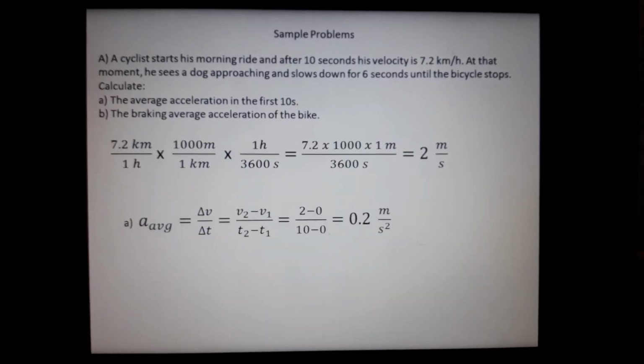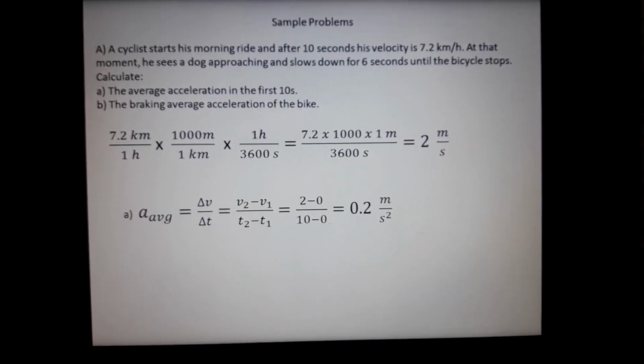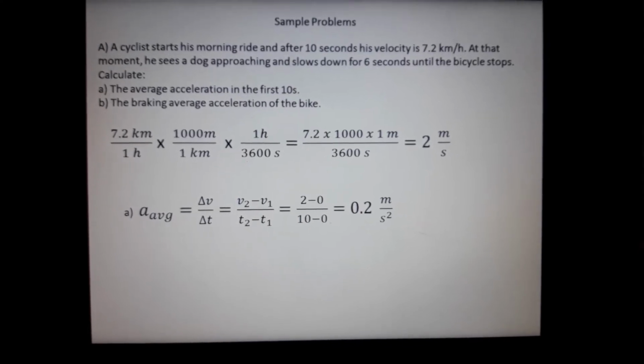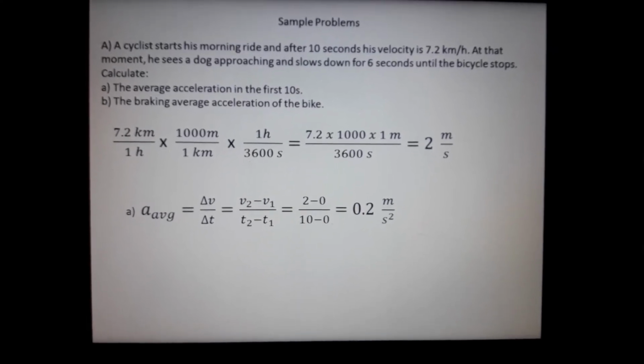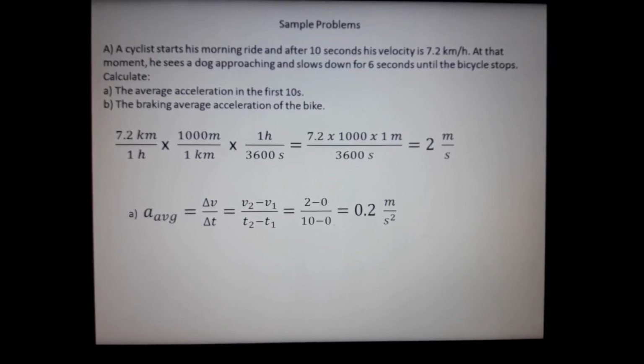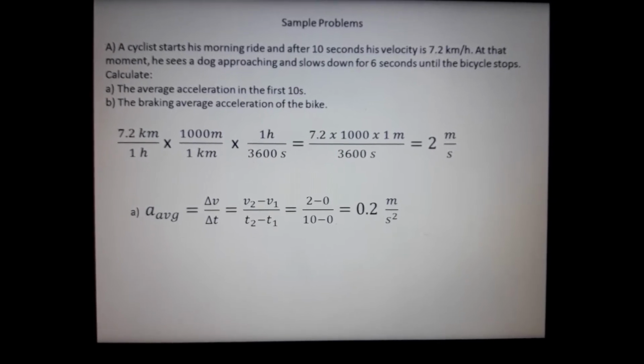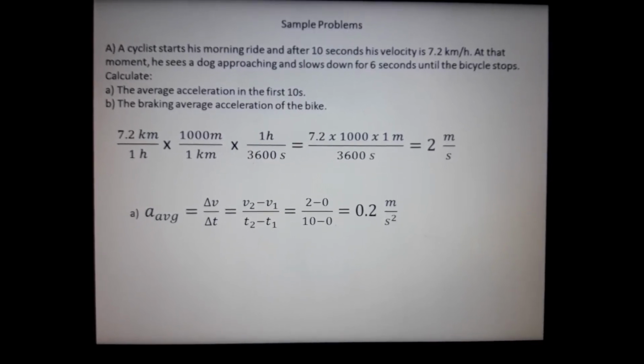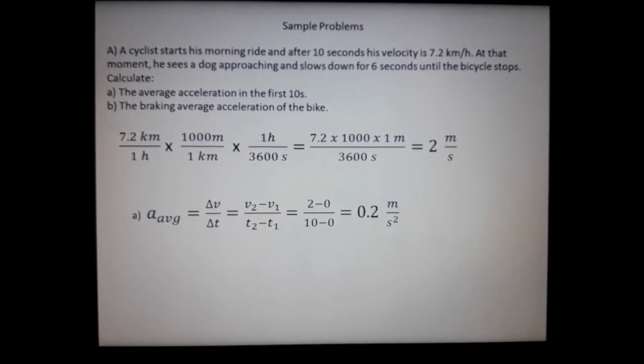And we will use the formula here. The average acceleration is v2 minus v1, where v2, the final velocity, is 2. With the time interval of 10 seconds, we find 0.2 meters per second squared.